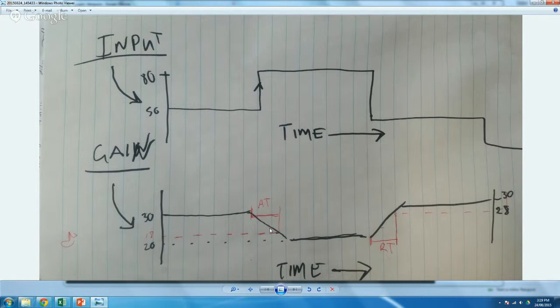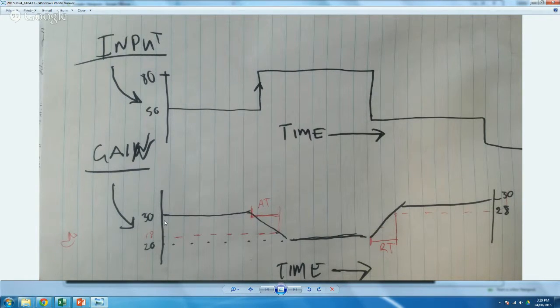So over a period of time here, it goes into compression until it reaches a plateau, an area of minimal gain. Then as the signal input goes back down again, the gain goes back up again until it reaches a plateau, back to 30 dB in this case.